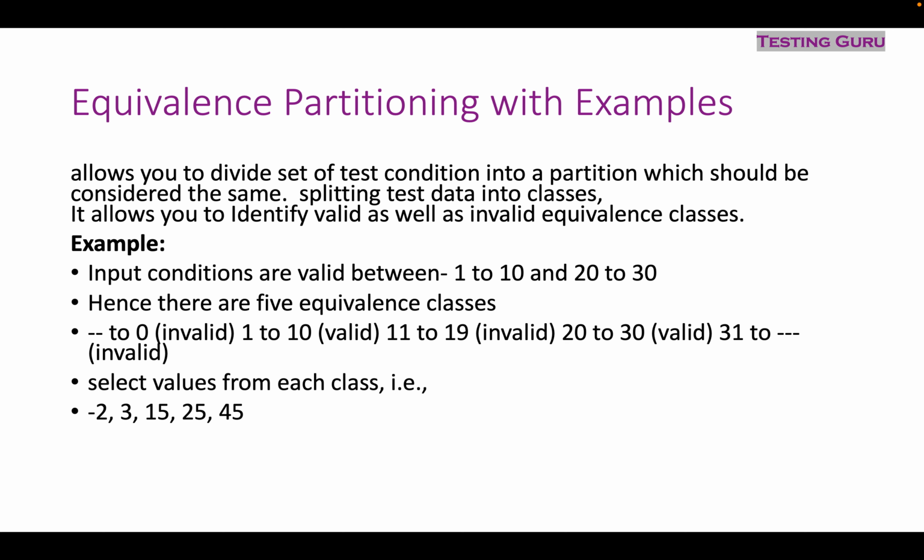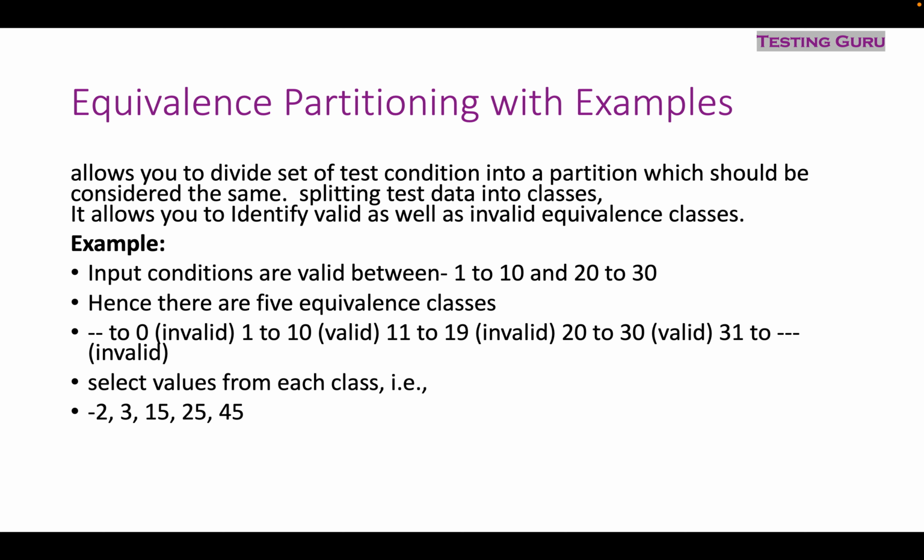For example, the first case is invalid, below 0, so we consider some negative value. For example, we can give -2, that will be considered for the first equivalence class. And the second one is between 1 to 10, we can consider any number, for example 3, which is considered under the valid case.